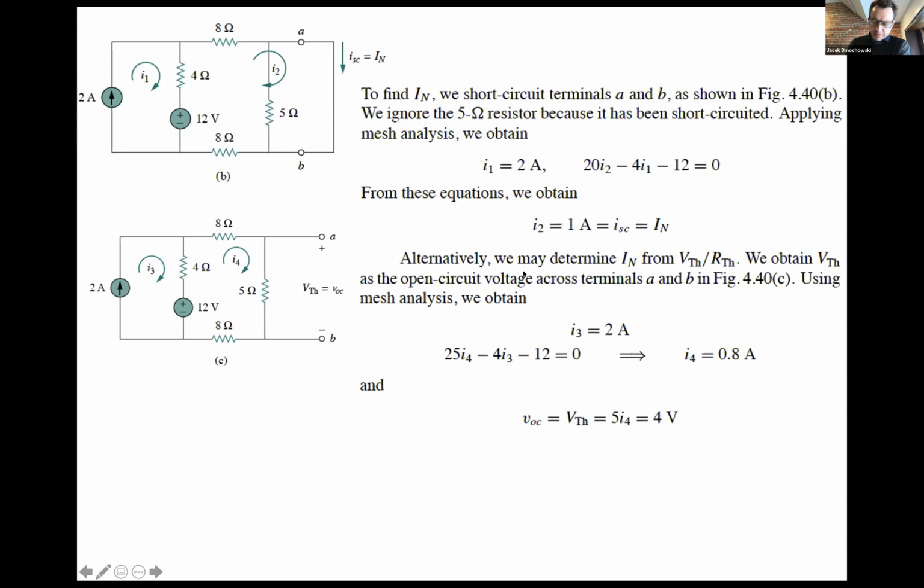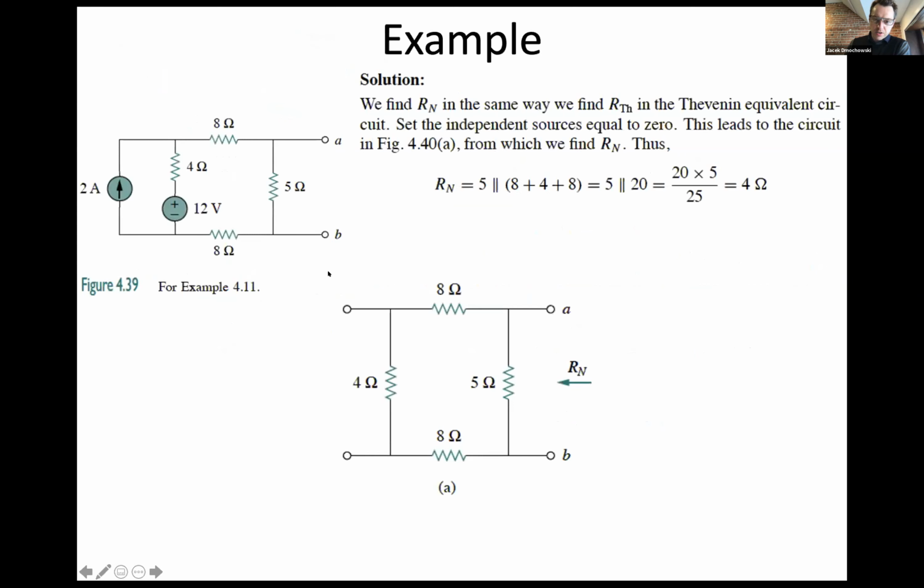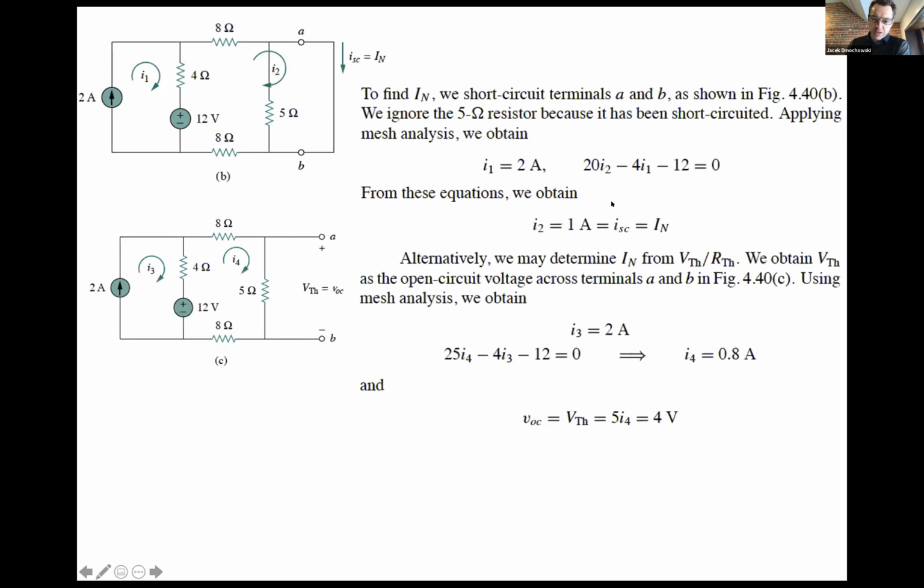And if you remember from the previous slide, our Norton resistance was 4 ohms. And so we know that the Norton current is equal to the Thevenin voltage divided by the equivalent impedance, which gives us 4 divided by 4, which is 1 amp. So you do not have to do this step.